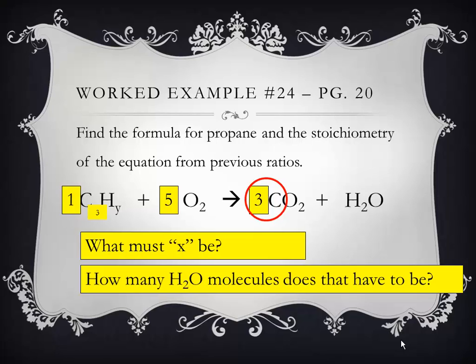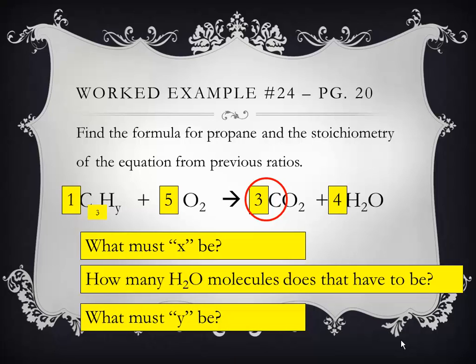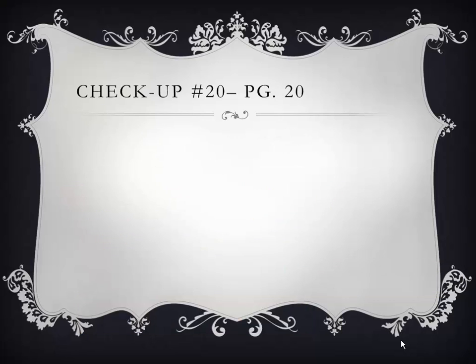From CO2, there's 6, 3 times 2. That means you need 4 for water, so the coefficient for water is 4. And then knowing that, we can figure out that the Y for propane has to be 8 to match up with 4 waters. 4 times 2 is 8.